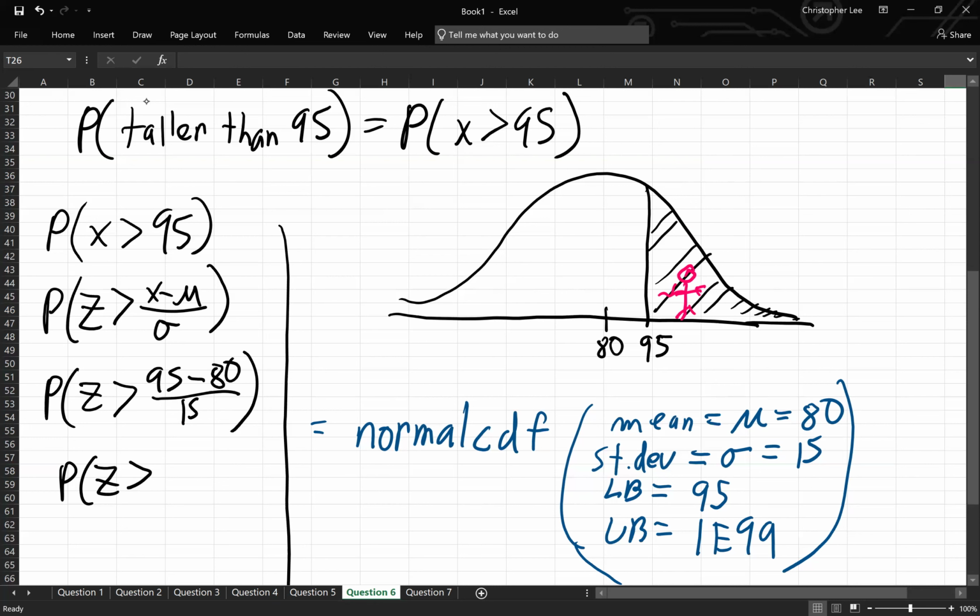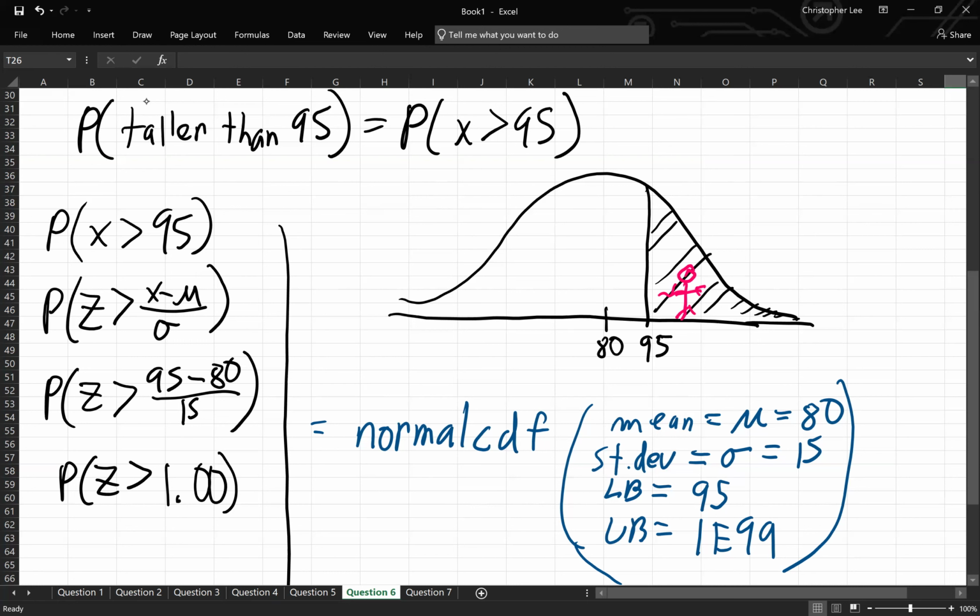This becomes the probability of Z greater than, is it 1? 95 minus 80 divided by 15 is 1, so this is going to be 1.00. Remember though, in the formula sheet, we don't have probabilities for greater than.